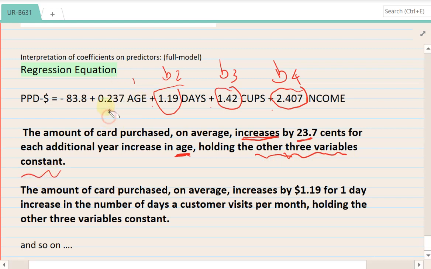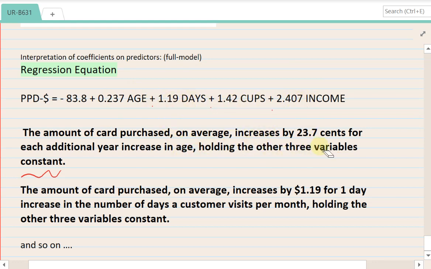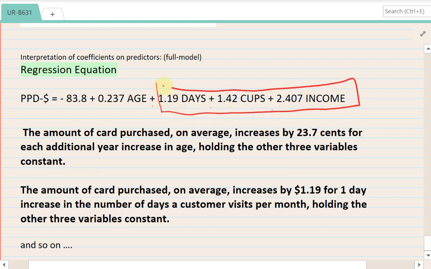So that means, again, if I just look at the coefficient on age, the other 3 variables are all held constant. We only allow this to change. So a 1 unit increase in age has an effect of increasing the amount of prepaid by this amount. Okay, that's holding everything else constant.